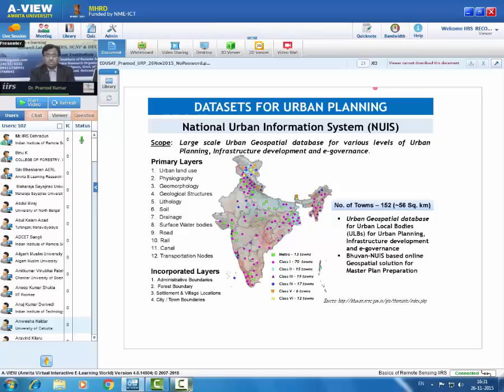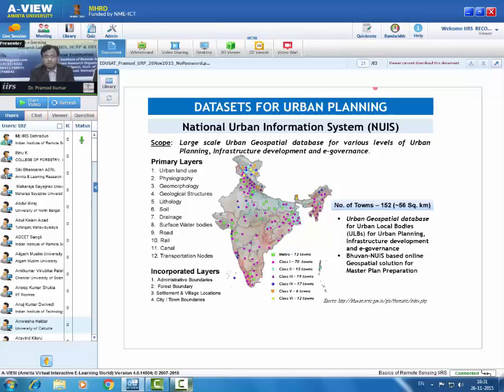Now, the question is, because data generation and data collection is one of the important issues, and a large amount of energy is invested in data collection. So there are several data sources available, and these data sets are also used for several planning realizations.